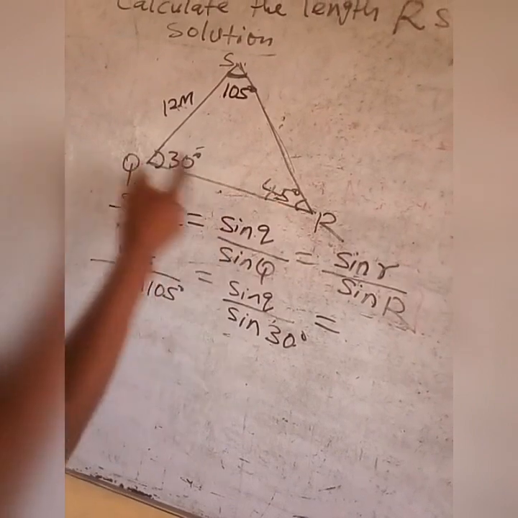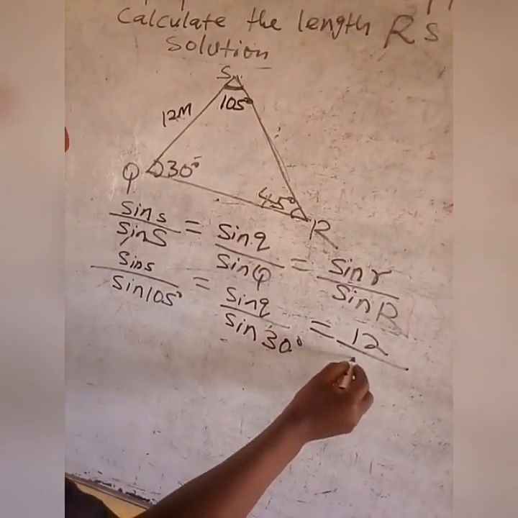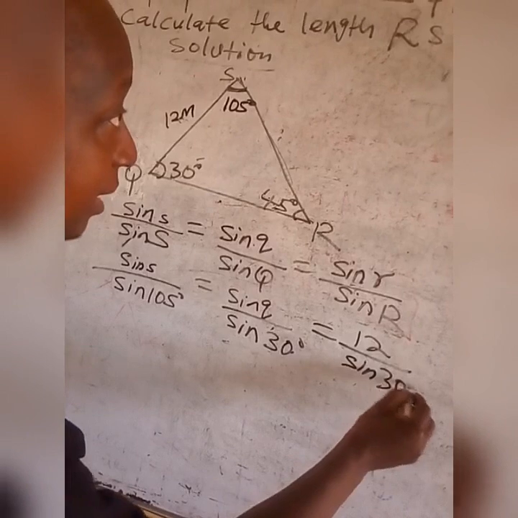Then small r is 12 over sine R, which is 45 degrees.